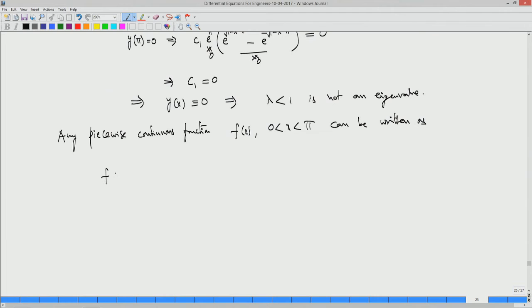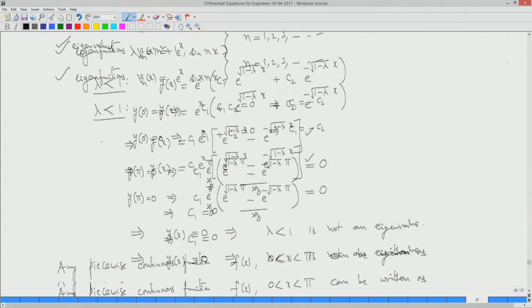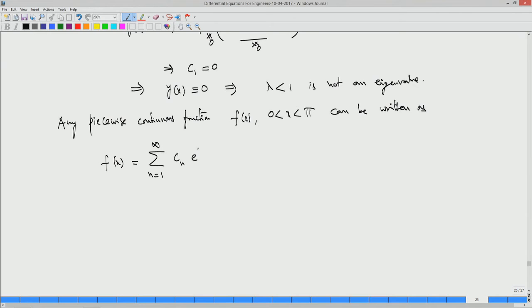The Fourier series is f of x equal to the sum from n equal to 1 to infinity of Cn times the eigenfunctions, e power x sin nx, where you find the Cn's by integrating, taking the dot product. How do you find my Cn's?